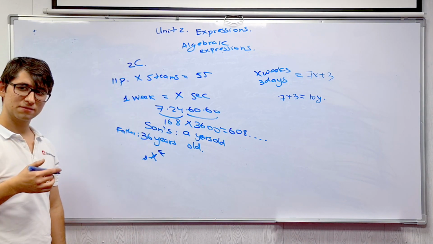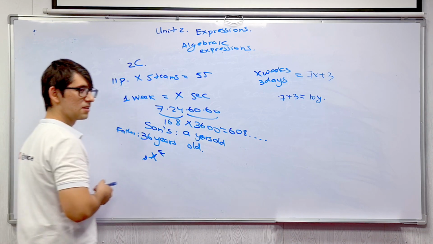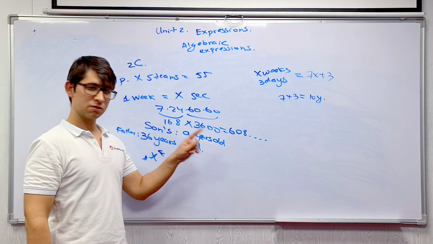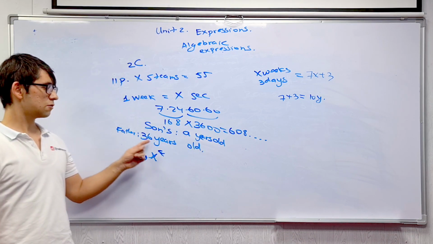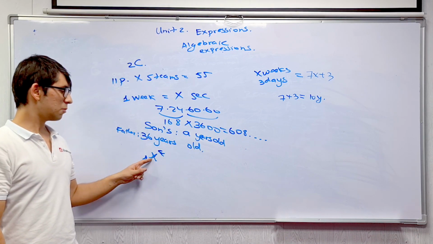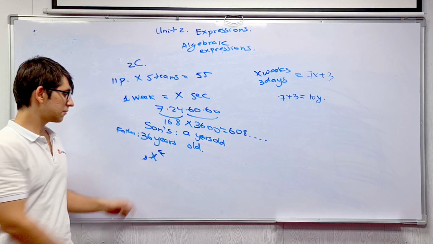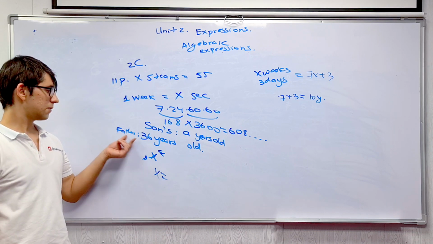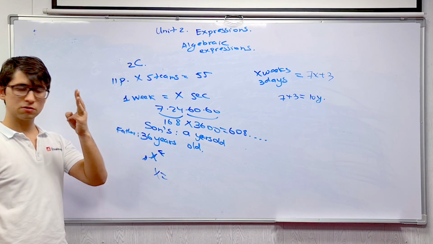So let me help you. The son's age is 8 years old, but we don't know it. His father is 36. After how many years, x, will the father be 3 times as old as his son? You have to find x equals to something.